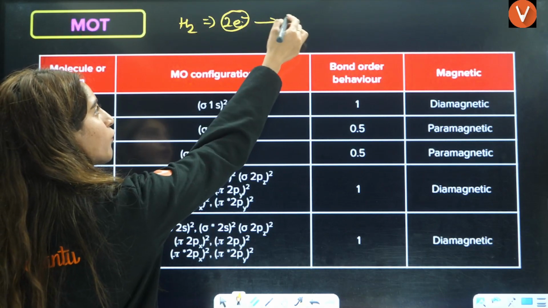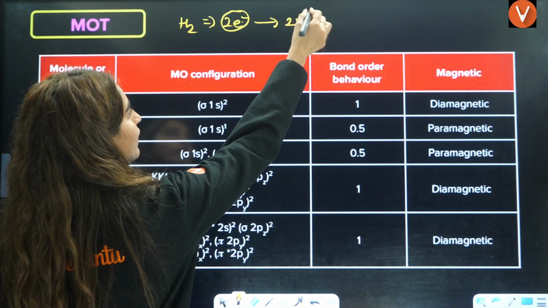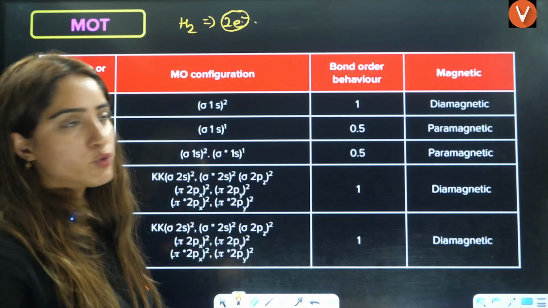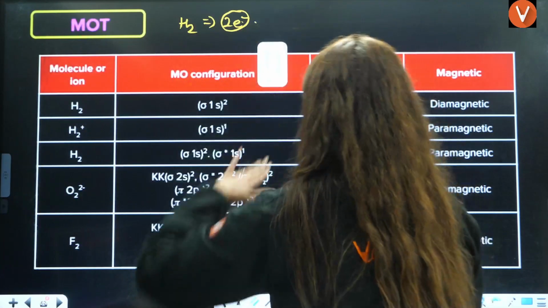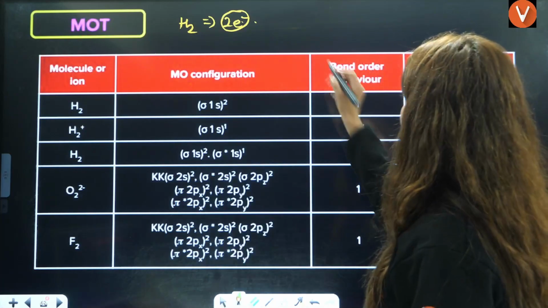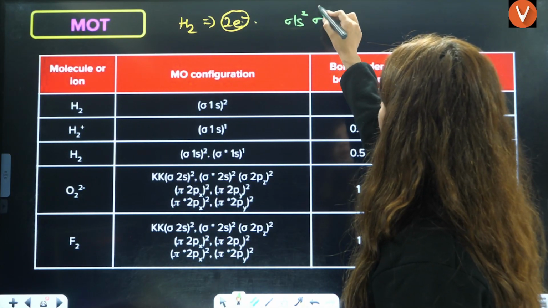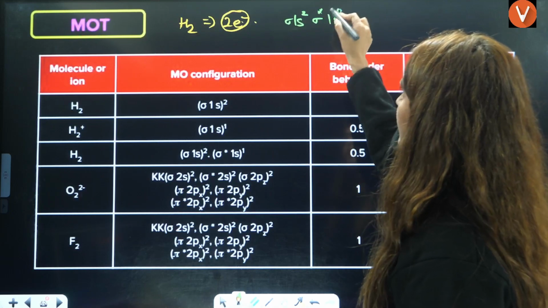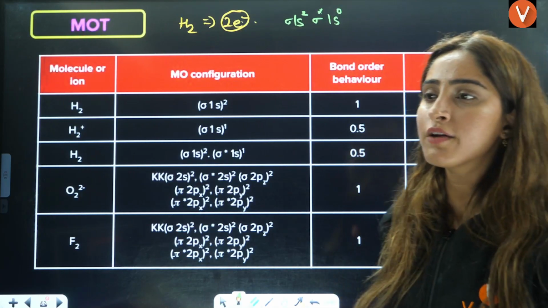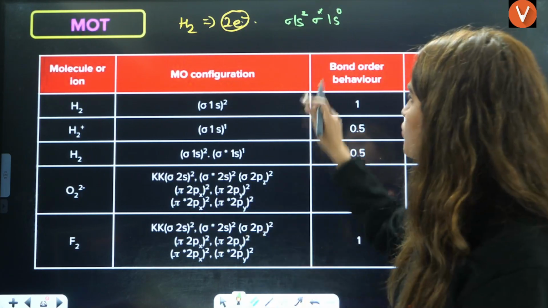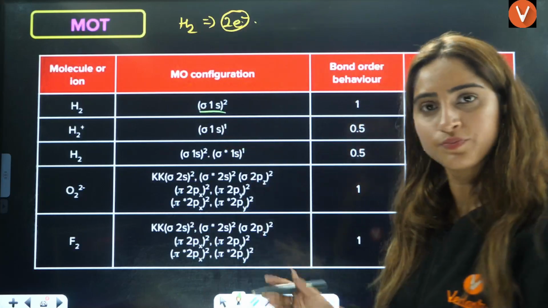Now it is less than 14, so it will be 2, 1, 2, 1. You don't even have to go to 2, 1, 2, 1, because if you talk about the electronic configuration, it will fill like this: sigma 1s2, sigma star 1s 0. 2 electrons are filled in sigma 1s only. So the answer will be sigma 1s2.